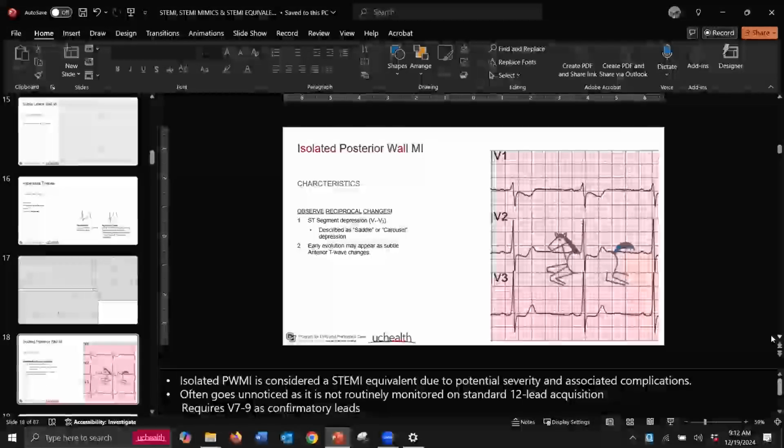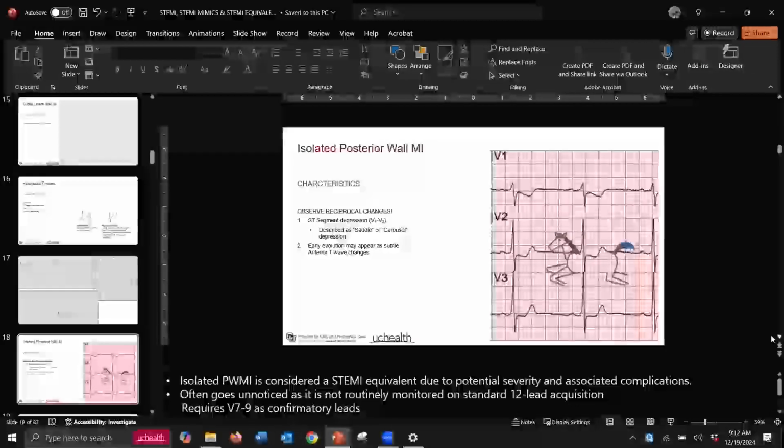Those are your septal leads only on the backside of the heart. Oh God. That's no bueno. But we look at the EKG and it's like, meh. It's a big deal.